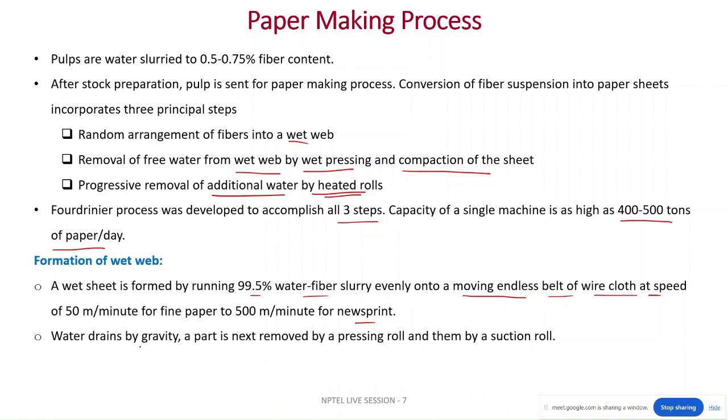So the water drains by gravity there, and a part is next removed by pressing roll. The free water is being removed, and then by suction roll. So in such a way, the free water is removed from the wet sheet.